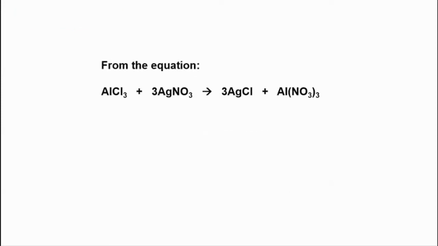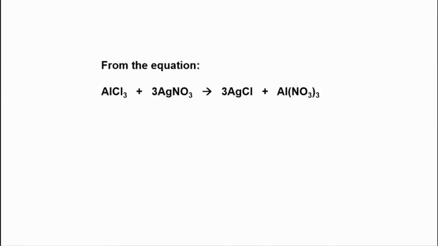And then from the equation, that's why a balanced chemical equation is very important, because if you balance it wrong, the stoichiometric relationship would be wrong also.